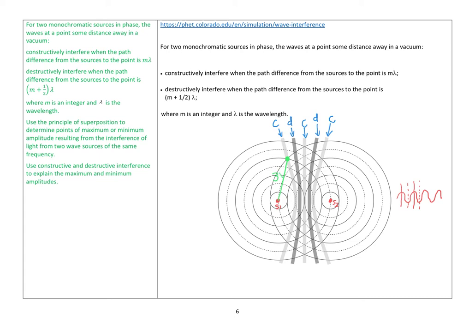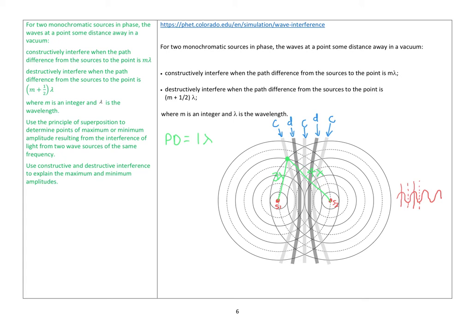So we would say 3 lambda. Lambda is what we use for wavelength. And over this side, this one has gone 1, 2, 3, 4. So we've got 4 wavelengths. So in this case, the path difference between how far those 2 waves travelled is equal to 1 lambda.